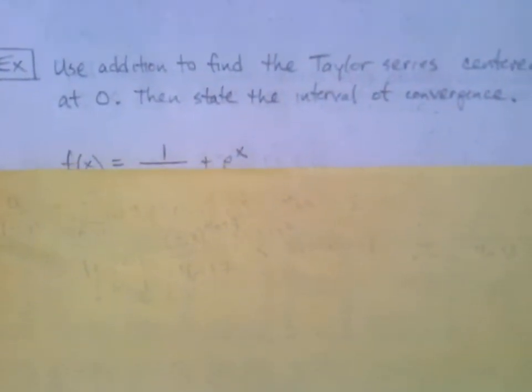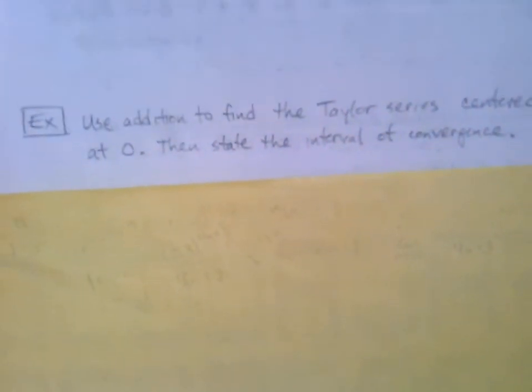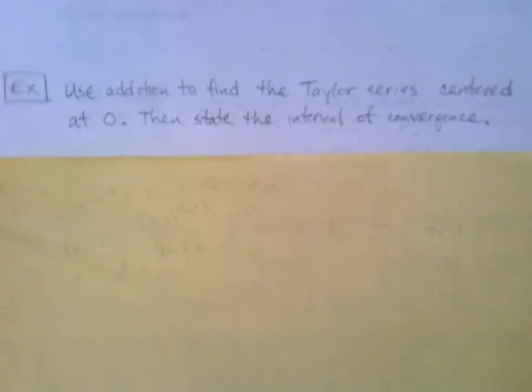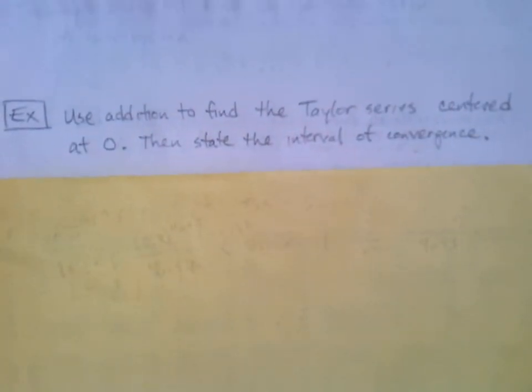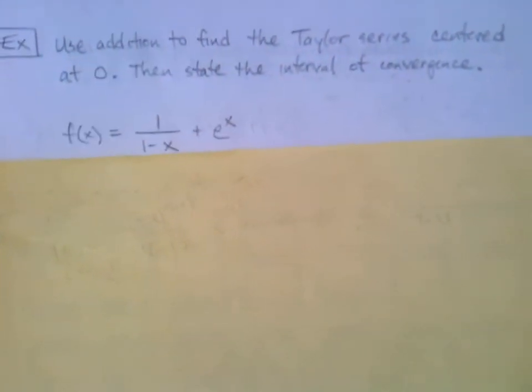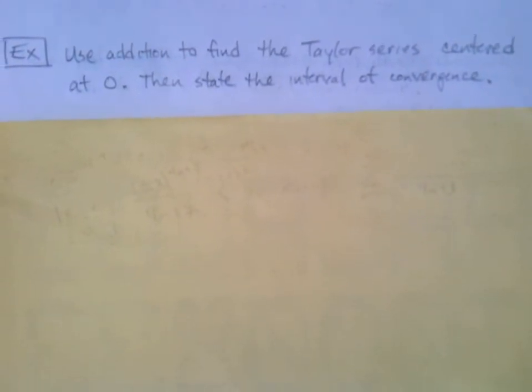Here we go. We're going to start with addition. I got to zoom back out. Okay. Get all this lined up. Use addition to find the Taylor series centered at 0, then state the interval of convergence.